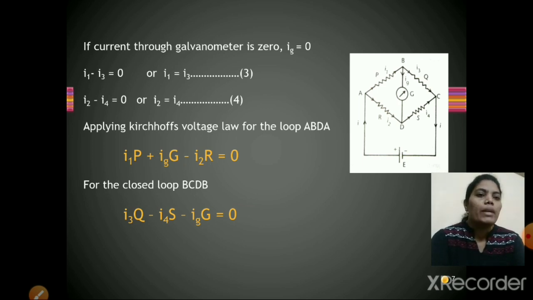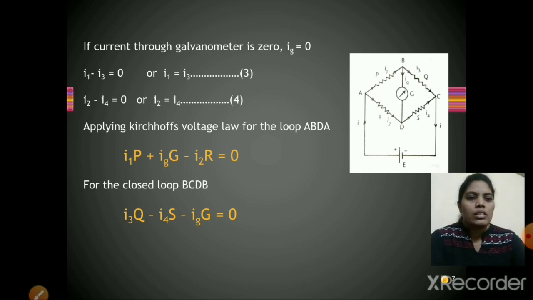And at the loop BCDB, I3Q minus I4S minus IGG is equal to 0. Now, if current through the galvanometer is 0, that is if IG is equal to 0, then in equations 1 and 2, if we substitute IG as 0, we get I1 equal to I3 and I2 equal to I4.